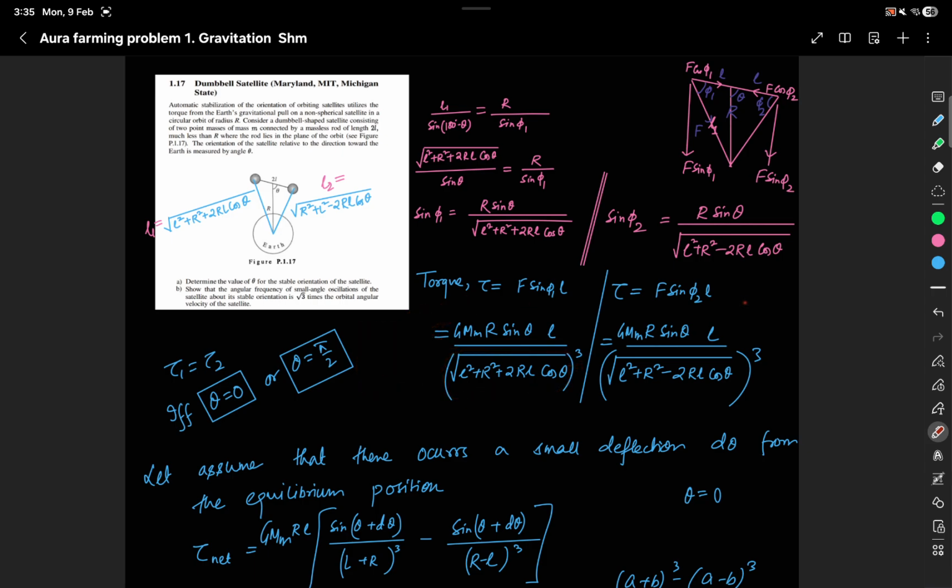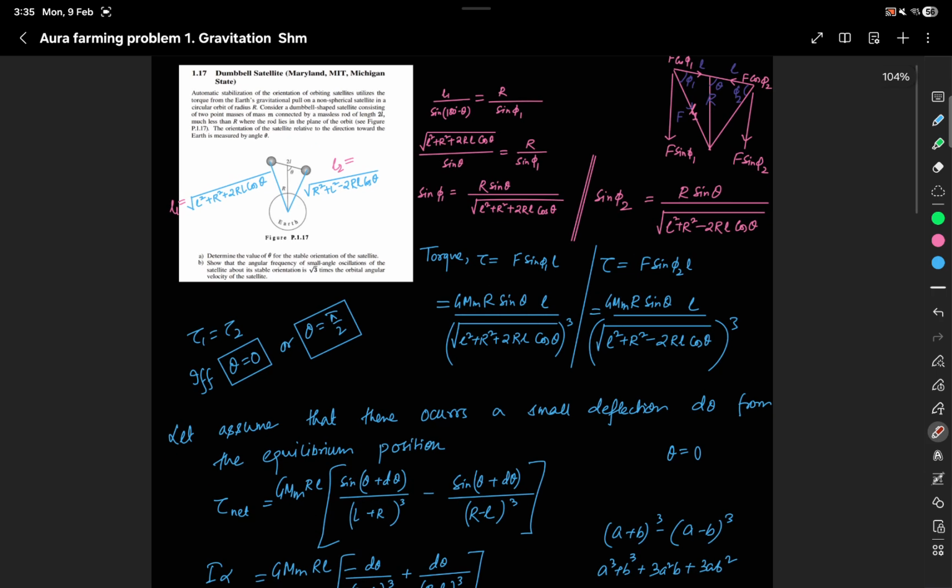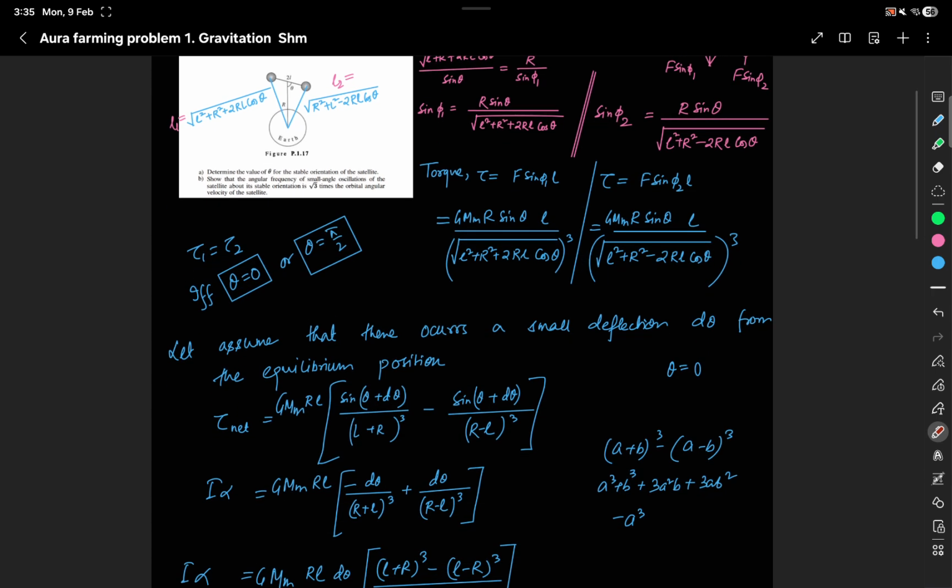For the other one it will be similar, with L2 in place of L1. To have the orientation be stable, you just need to equate them, so both the torques will be equal. You can clearly see from the equation that everything is getting cancelled out.